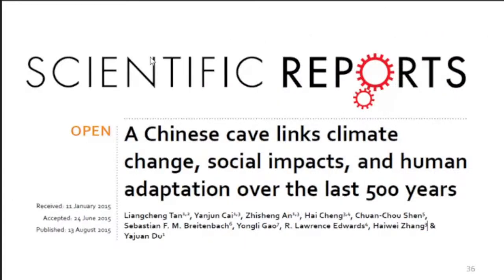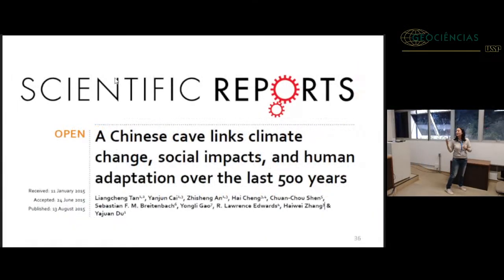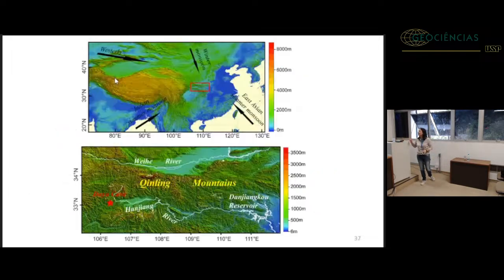Well, changing the continents and the hemisphere, another example in China. They also studied the last 500 years. And studying the Dayu cave, tell me if it's right. Dayu cave?